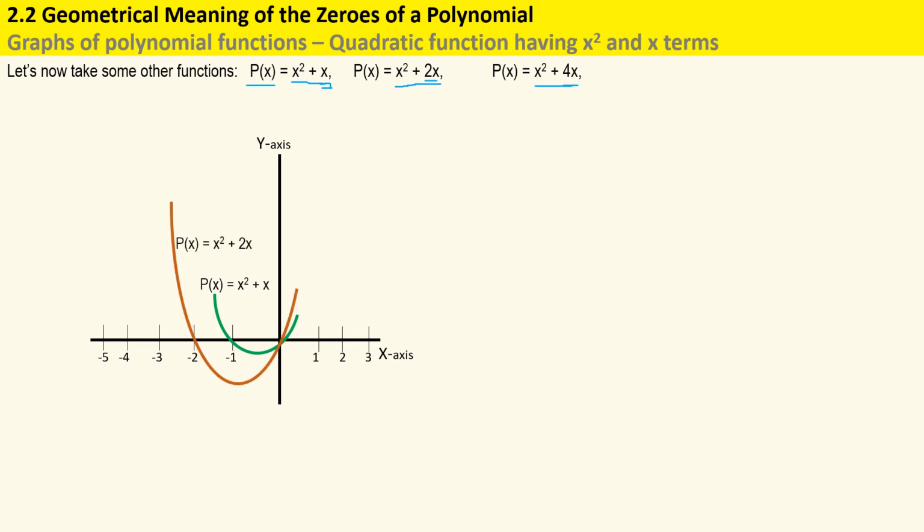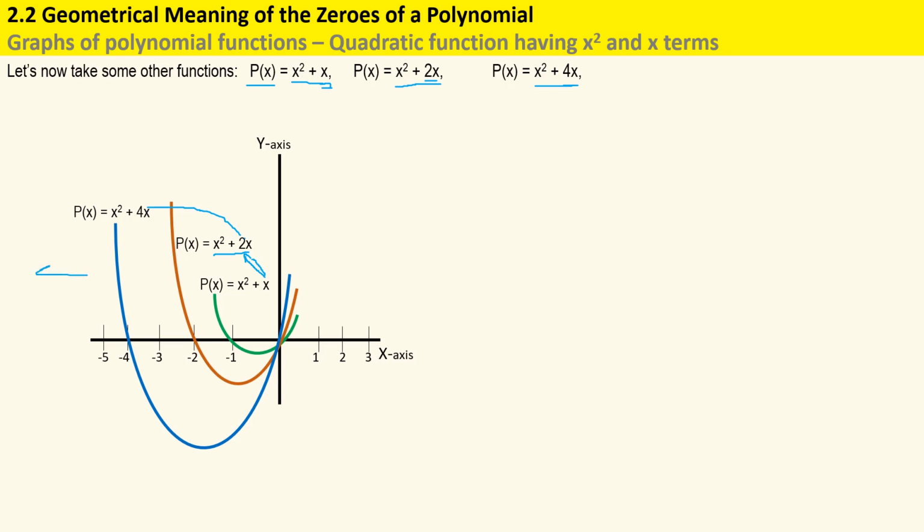Now let's plot p(x) is equal to x square plus 2x, and then let's plot the third function, x square plus 4x. So we see that as we are increasing the coefficient of x from x to 2x, meaning the coefficient is changing from 1 to 2 and then from 2 to 4, the parabola or the graph is shifting left.